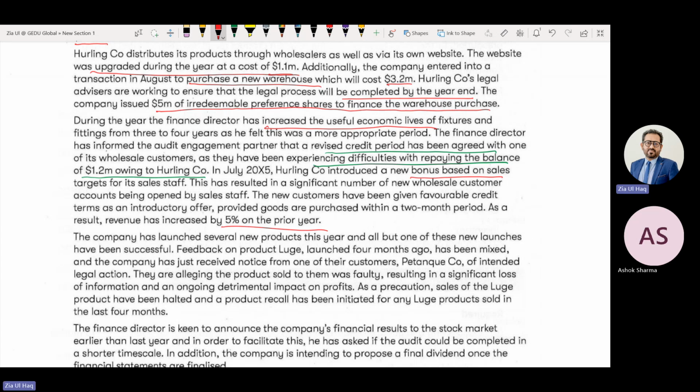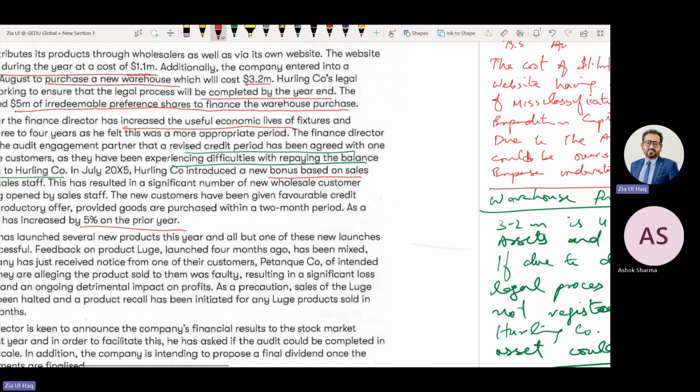There is a chance of overstatement of sales by creating fictitious sales. So what heading do we put? Bonus.